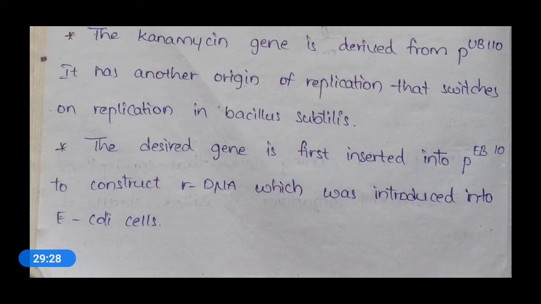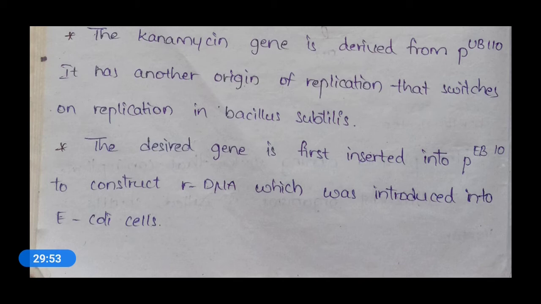The desired gene is first inserted into pEB10 to construct recombinant DNA, and this rDNA is developed using pEB10.